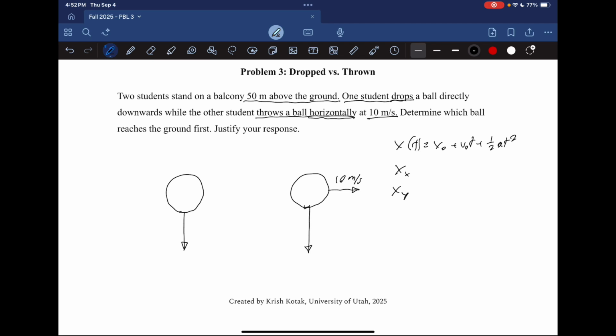The y direction has no additional components that the student imparts on it. In other words, this v naught, this 10 meters per second, only applies to the x direction for the ball.